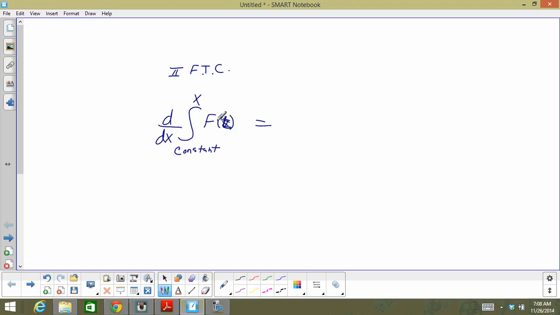Then all you need to do, because the integral and the derivative are inverse types of operations, is replace the variable by that other variable. So the t gets replaced by the upper bound x, and so that becomes f of x.